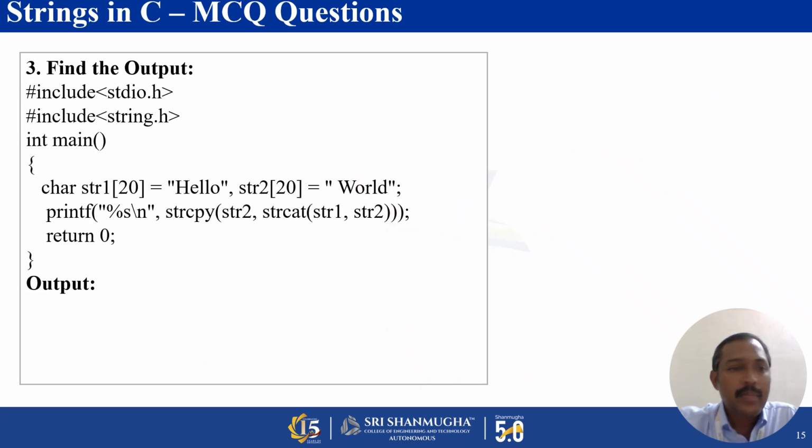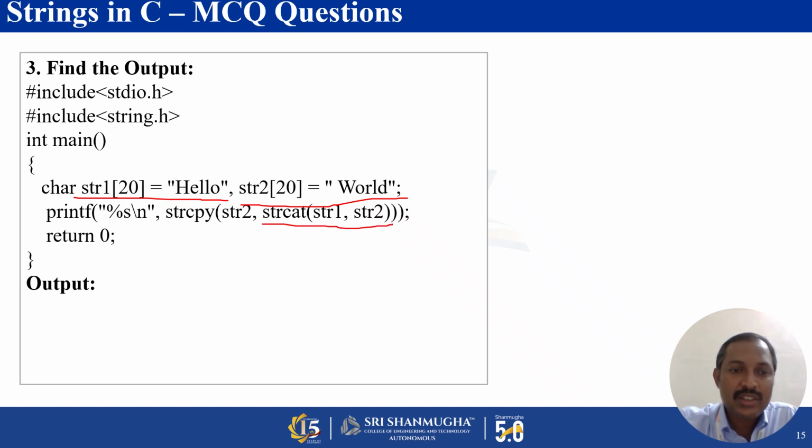The next example. Here str1 has the value hello and str2 has the value world. Two strings are created. Here we are performing different operations combined: strcpy of str2 comma strcat of str1 comma str2. First, the string concatenation is going to happen within str1.